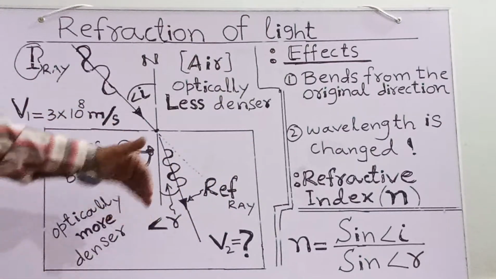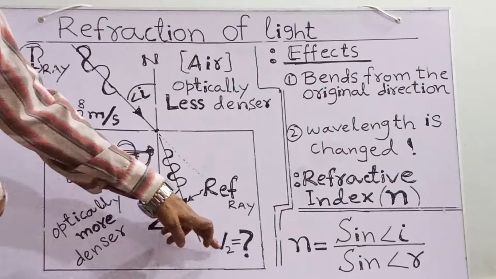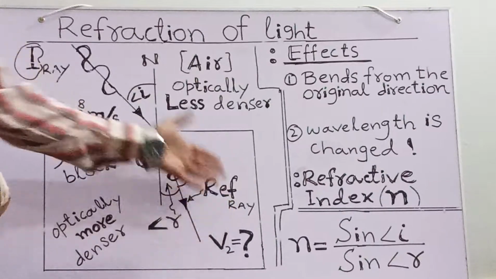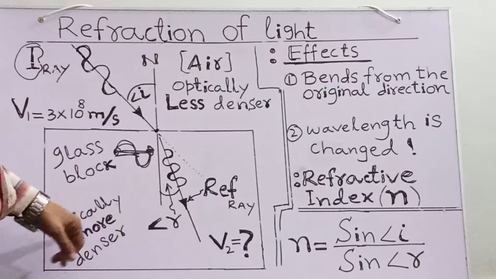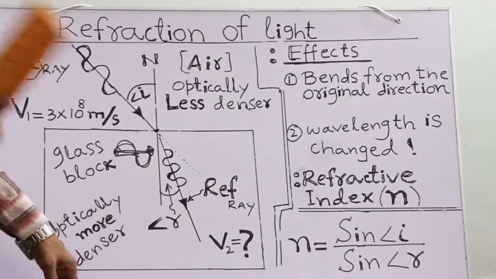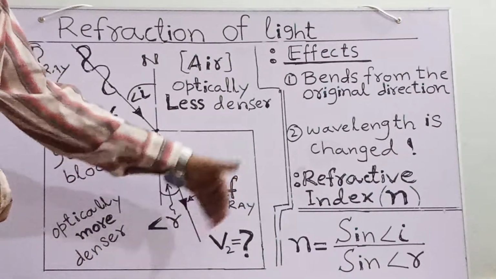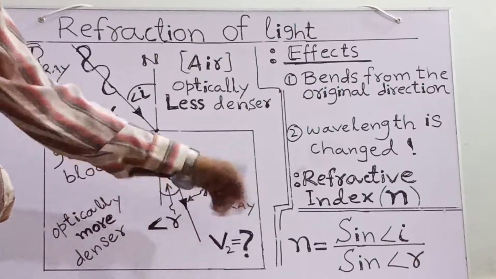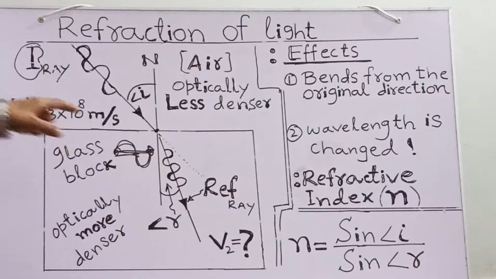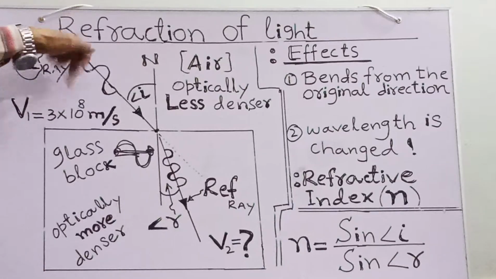If it is water, then the speed of light in the second medium will be something different, and if it is glass, which is denser than air or water, it would be something else. But the speed of light in air is 3 into 10 to the power 8.